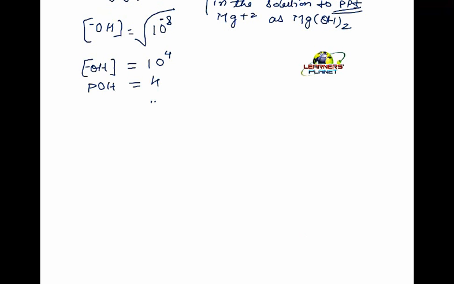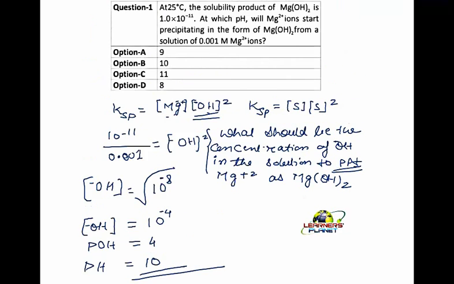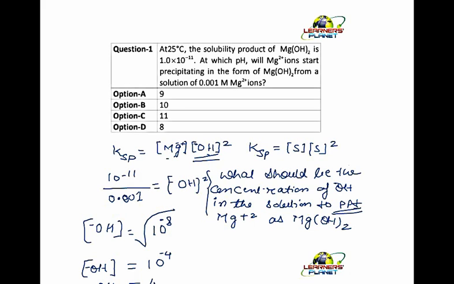This is minus, this is again minus, that is why it is coming out to be 4. What is pH and pOH? pH and pOH is the minus or negative log of H ion concentration, right? So this is 4. So what will be the pH, students? pH plus pOH is equal to 14. So what will be the pH? pH should be 10.